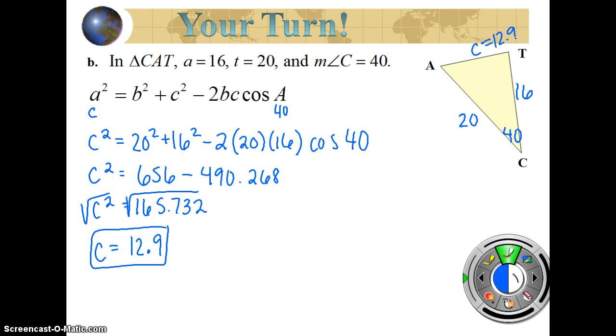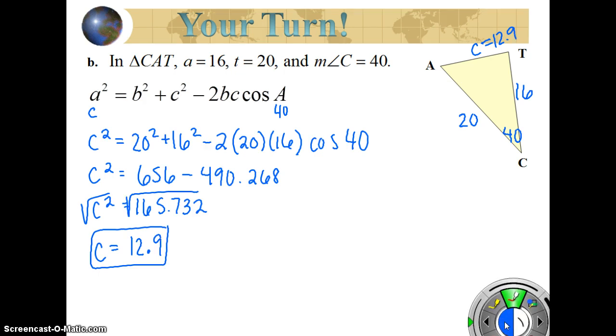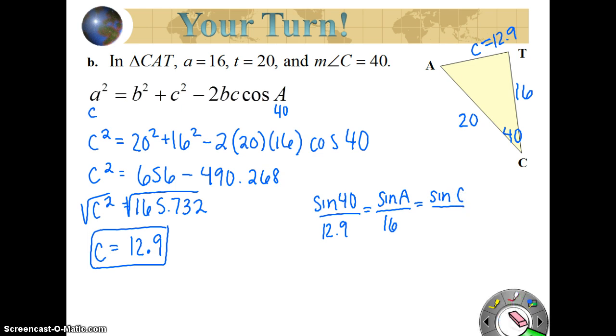Now I have an angle and the side across, so now I can use the law of sines. So the sine of 40 over 12.9 is equal to the sine of A over my side A, which is 16, is equal to the sine of C over, I'm sorry, I already did the sine of C, my bad.